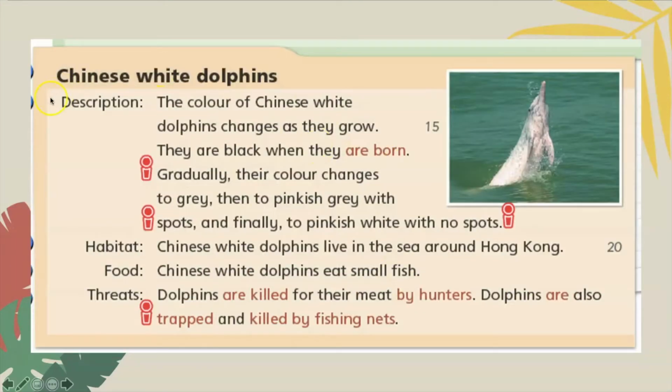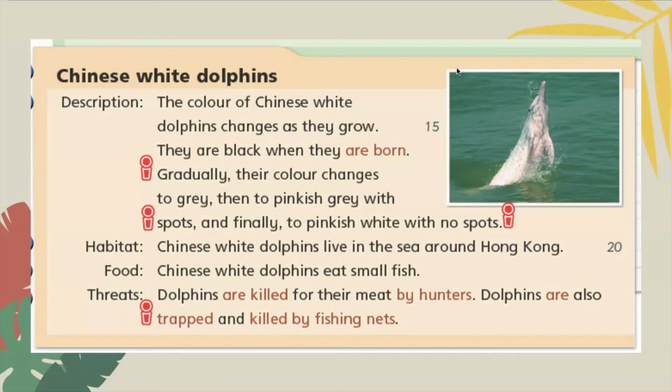So next, we have Chinese white dolphins. Description: the color of Chinese white dolphins changes as they grow. They are black when they are born. Gradually, their color changes to gray, then to pinkish gray with spots, and finally to pinkish white with no spots.